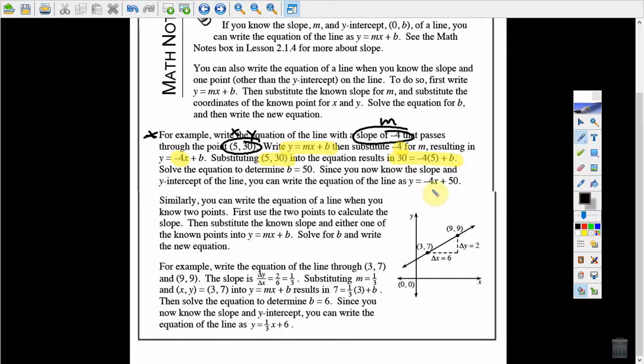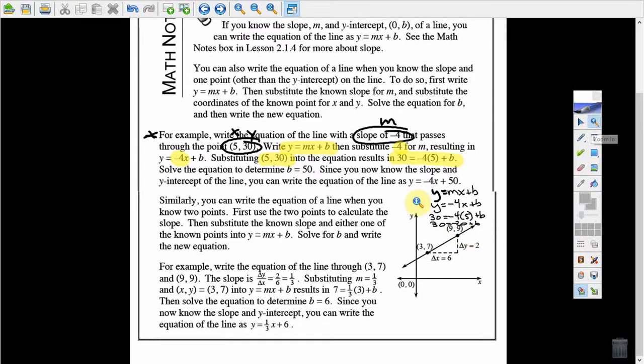To do that a little more conventionally, y equals mx plus b, y equals -4x plus b, or since we know that y is 30 when x is 5, we plug those in. Then we have 30 equals -20 plus b.